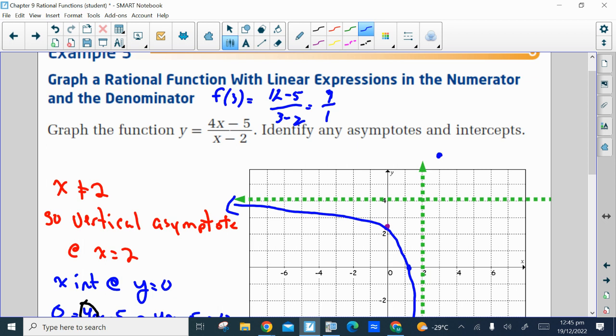And if we found one other point, let's say when x is 4, f at 4, 4 times 4 is 16, take away 5 over 4 minus 2. So that'll be 11 over 2, or 5.5.